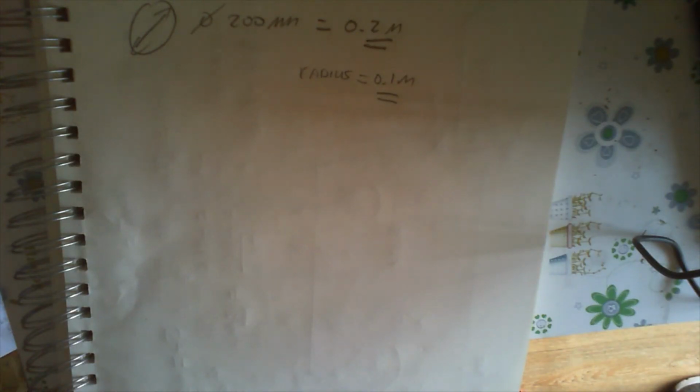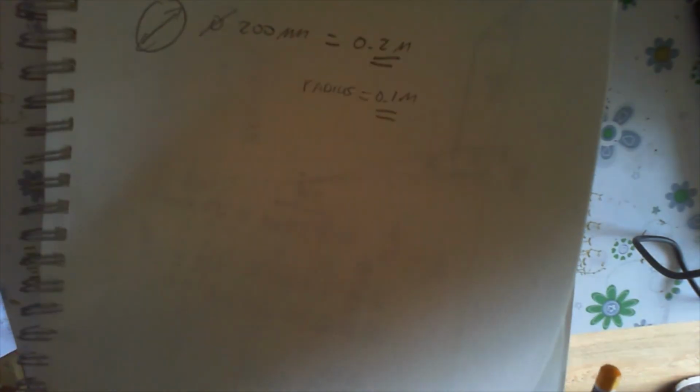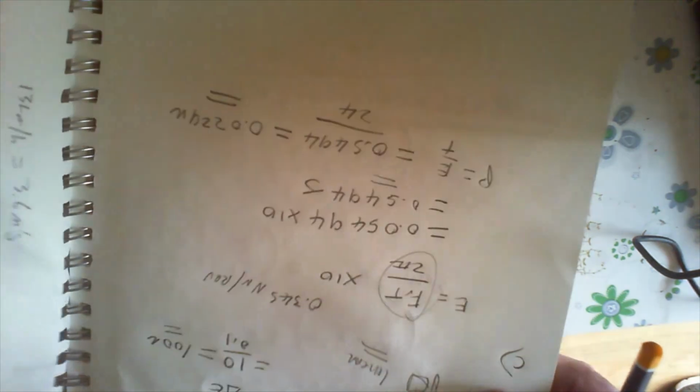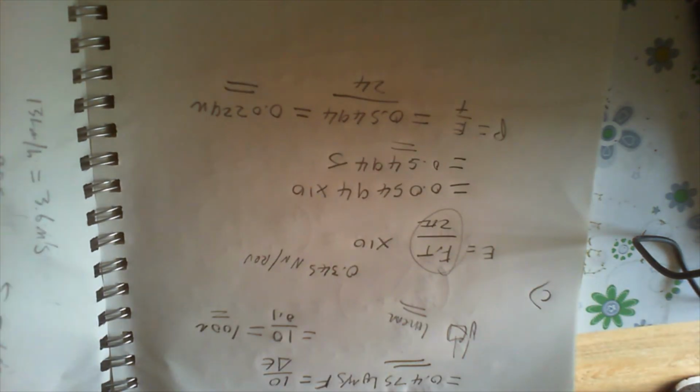Right, so we have to work out the angular displacement and the second part of the acceleration, and looking at the graph here, that's this bit here, 75 meters, right? And the radius, so it's got 200 mil diameter, 0.2 meters, so radius is 0.1.